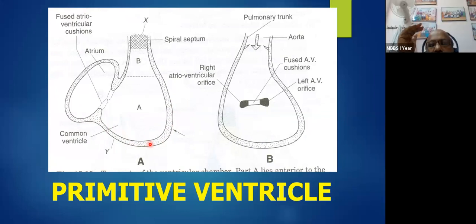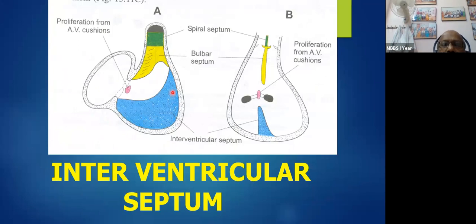But here the interventricular septum begins with a septum that arises from the floor of the common ventricular chamber. Now we see this A and B. This is the interventricular septum. It originates from the floor of the common ventricular chamber and ascends upwards.